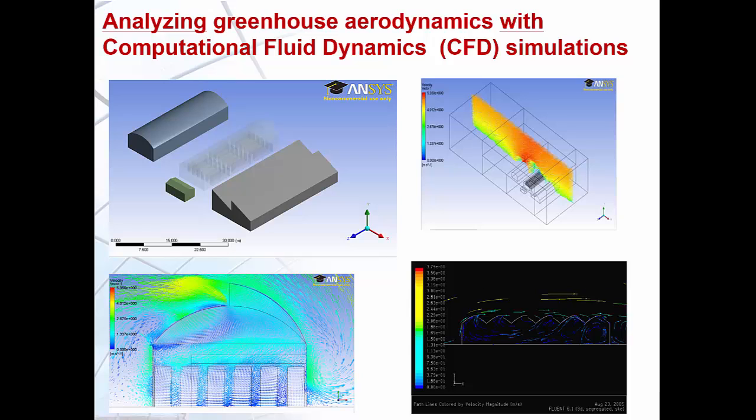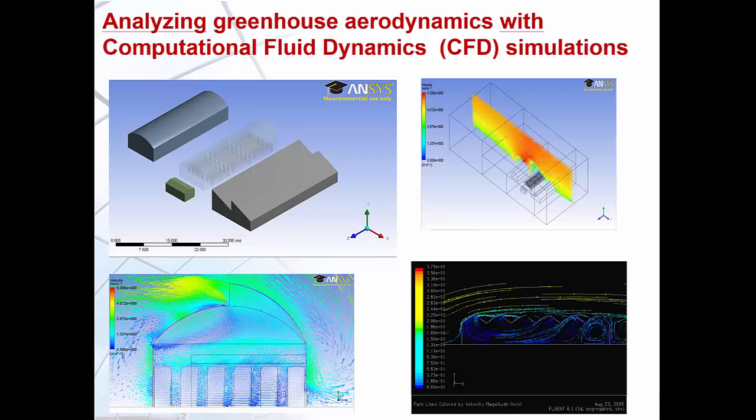On the other hand, computational fluid dynamics, usually abbreviated as CFD, is a branch of fluid mechanics that uses numerical methods and algorithms to solve and analyze problems which involve fluid flows. Analyzing the effects of various factors for greenhouse aerodynamics is more practical, and cost and time effective with the use of CFD analysis.